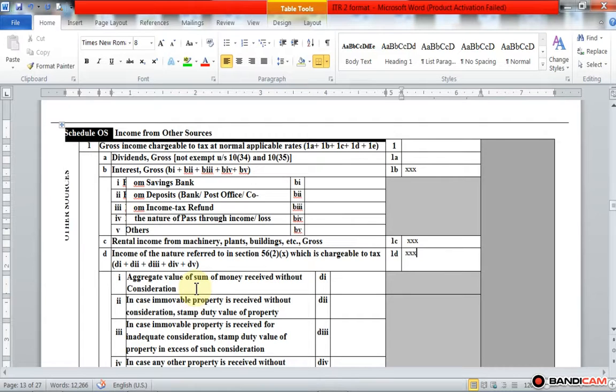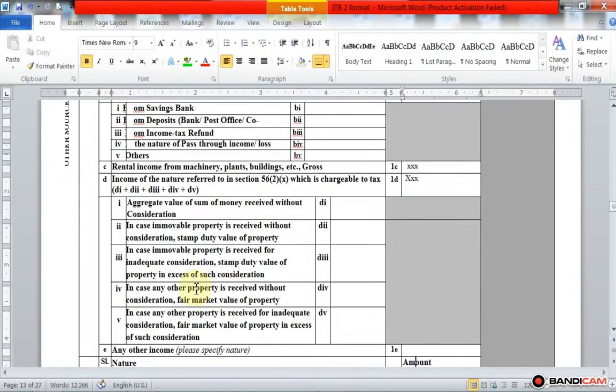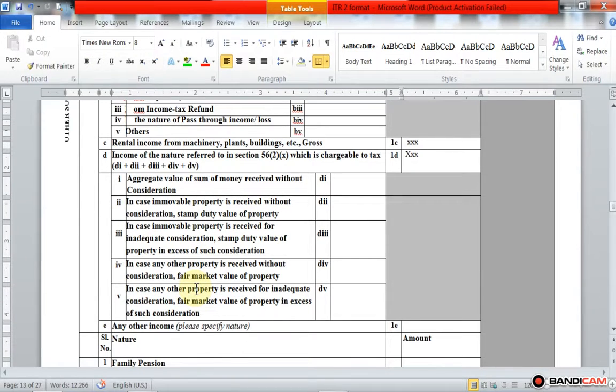Got it? Then next one is, in case any other property is received without consideration, then fair value of property is taken into consideration. So the fourth column is given here. If any other property is received by the assessee without any consideration, then the fair market value of that property is taken into consideration. Got it?